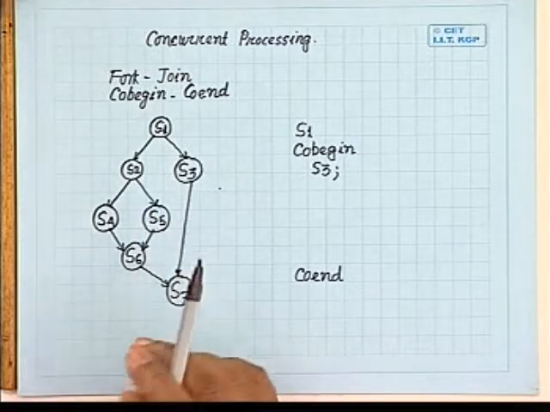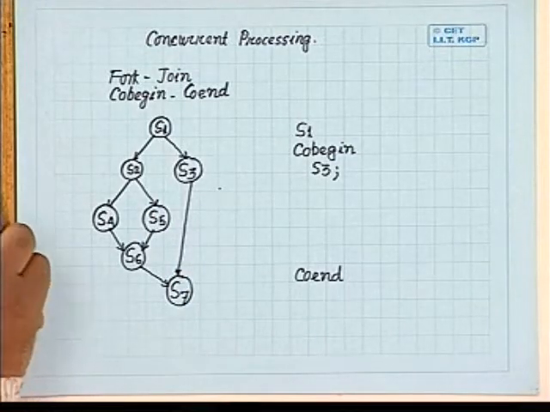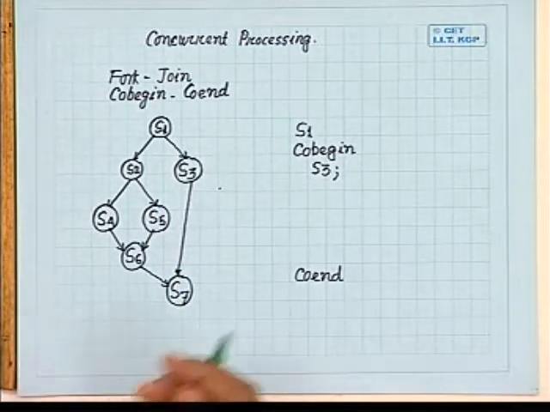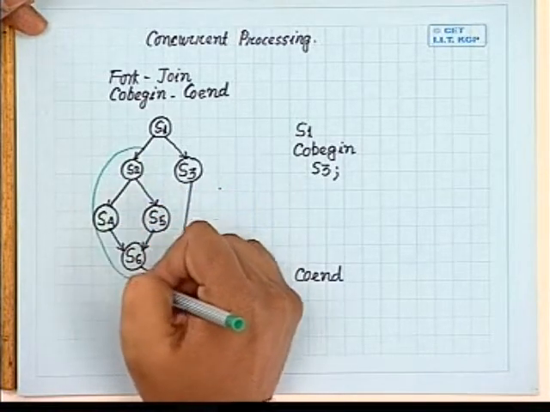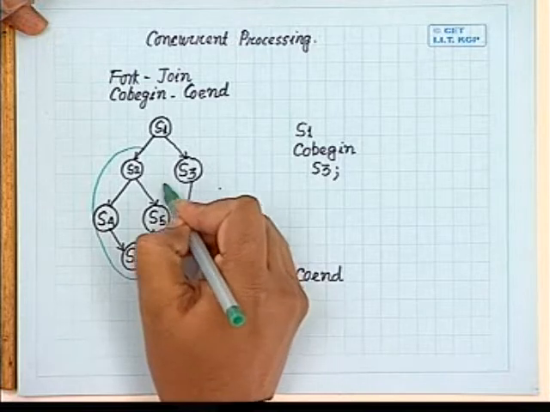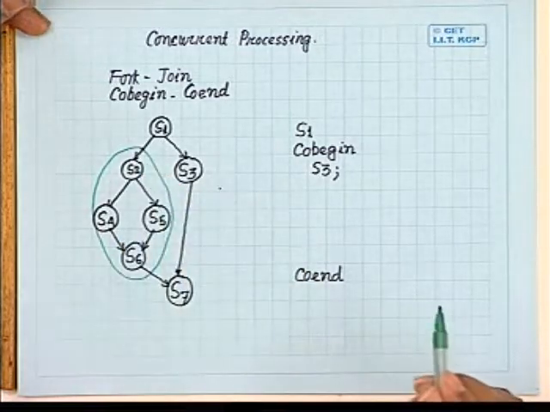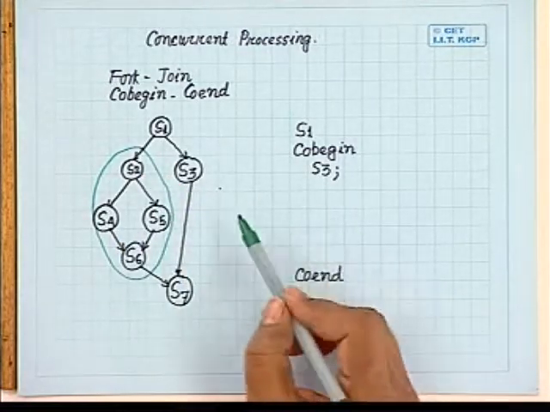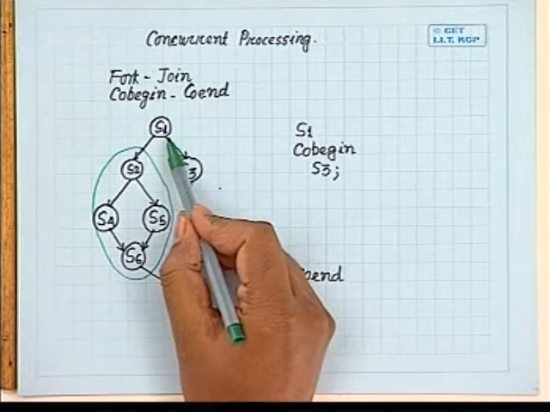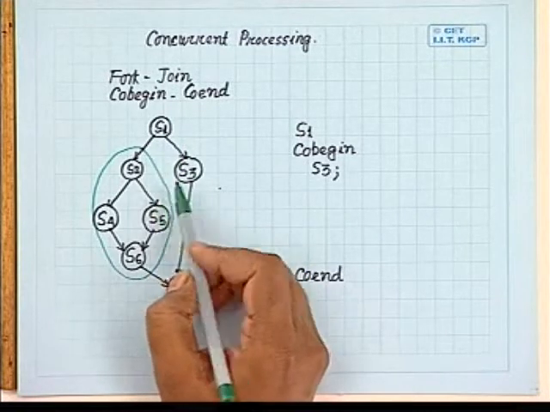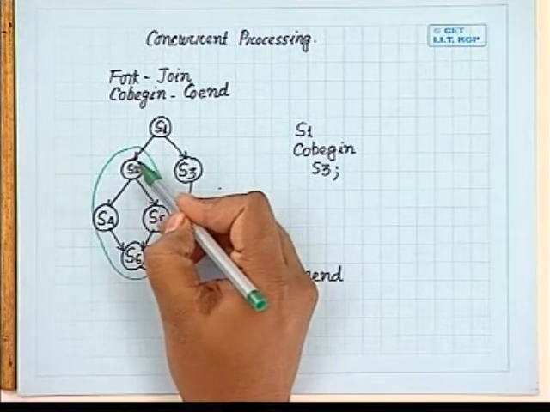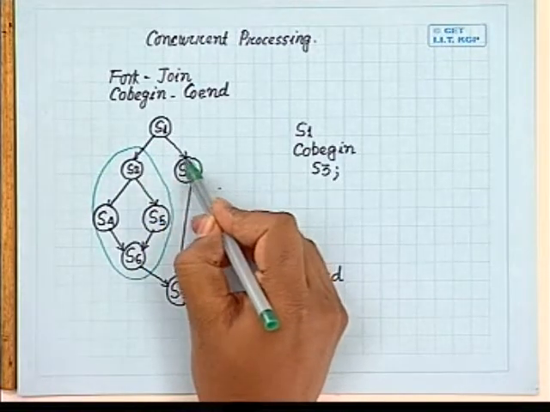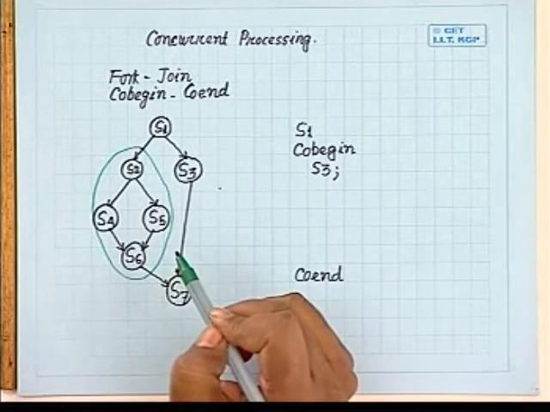If we concentrate on this part of the precedence graph, after executing statement S1, I create two processes. One process should execute this part of the precedence graph and the other process should execute S3.